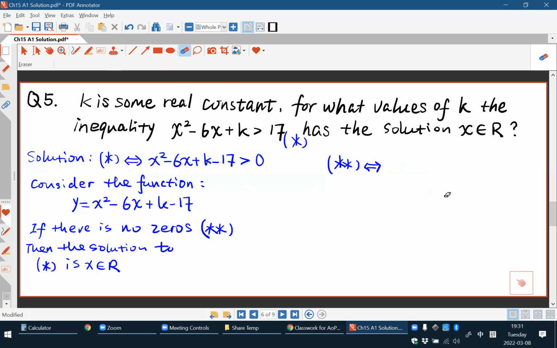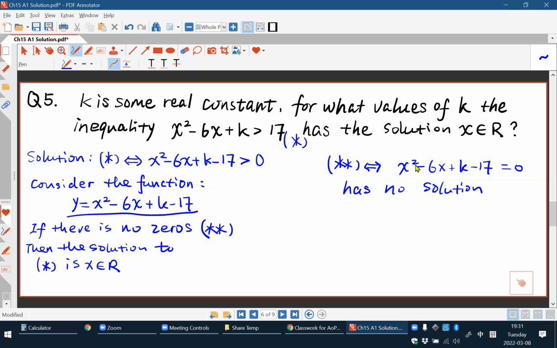Okay, let me restate. Apparently, there are no zeros for this function, right? If there are no zeros, if we write it as a quadratic equation here, it should have no solution, right?